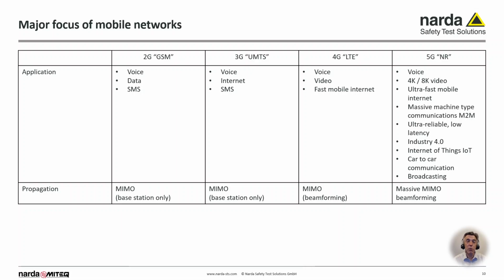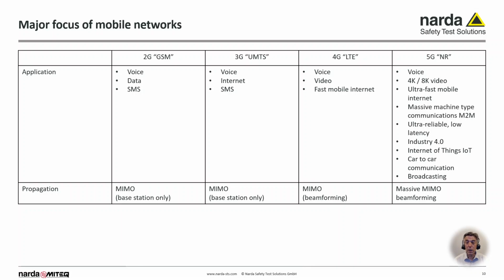So the internet quality went a little bit better with 3G UMTS, and there we really could watch a little bit or surf a little bit in the internet with our mobile phones. This went much better with the standard today, the 4G, or also called LTE. Now we can watch YouTube videos, we can play games and so on.